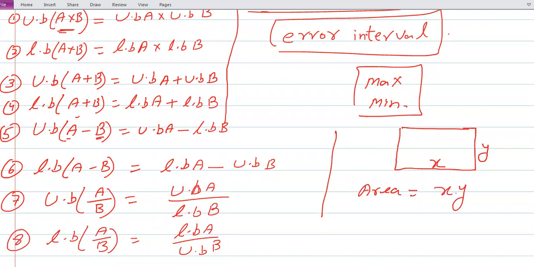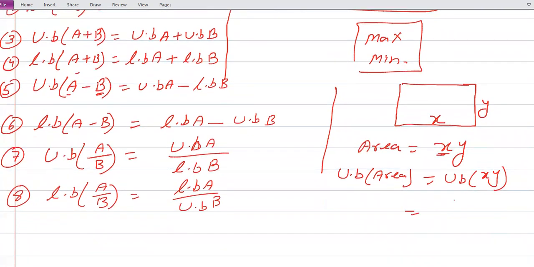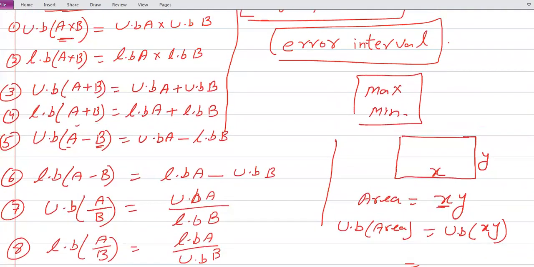Now multiplication is involved. So if you need to find the upper bound of the area, it means you need to find the upper bound of X into Y. For multiplication, rule number 1: when two numbers are multiplying and you want to find their upper bound, you will find the upper bound of the first times the upper bound of the second.